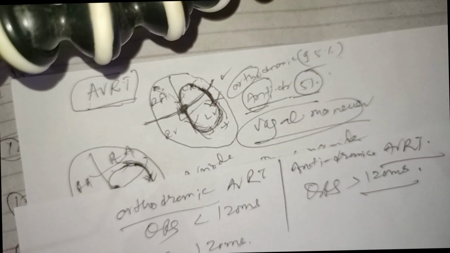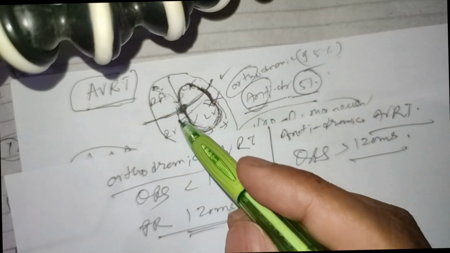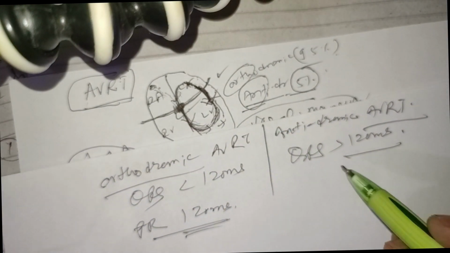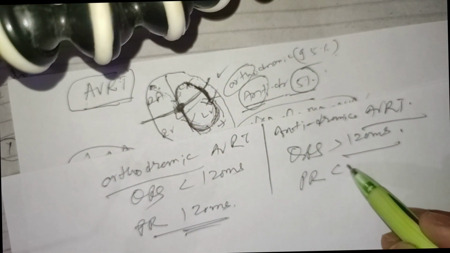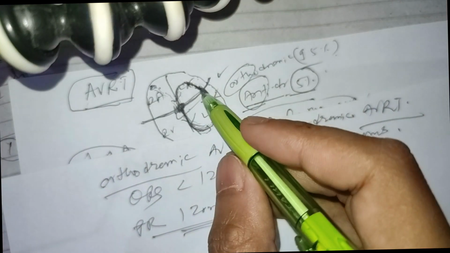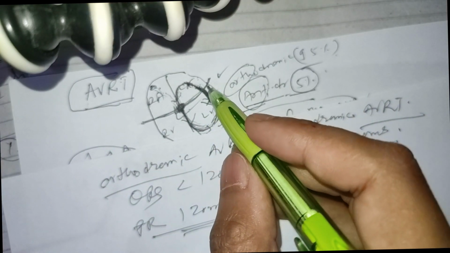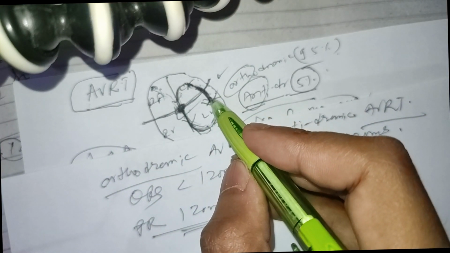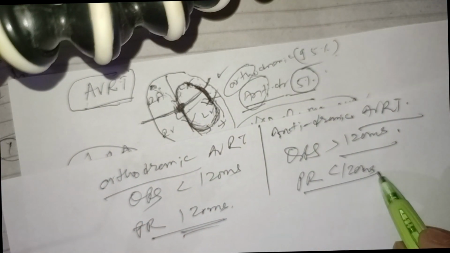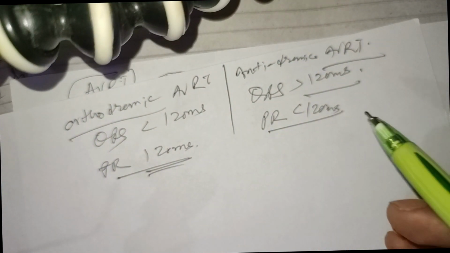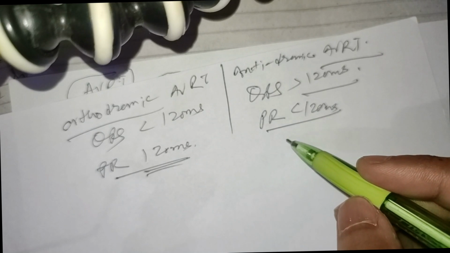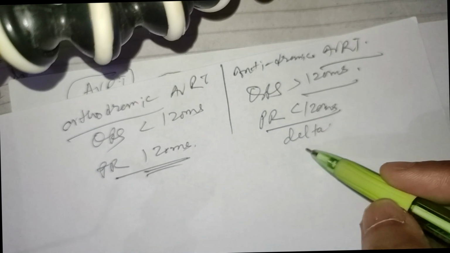PR interval, you know what this PR interval is? This is the pause of the AV node. But in antidromic, PR interval will be less than 120 millisecond, because there is no AV node between atria and ventricle. Impulse is directly coming to the ventricle, so PR interval will be less than 120 millisecond. And here you can see delta wave as well.